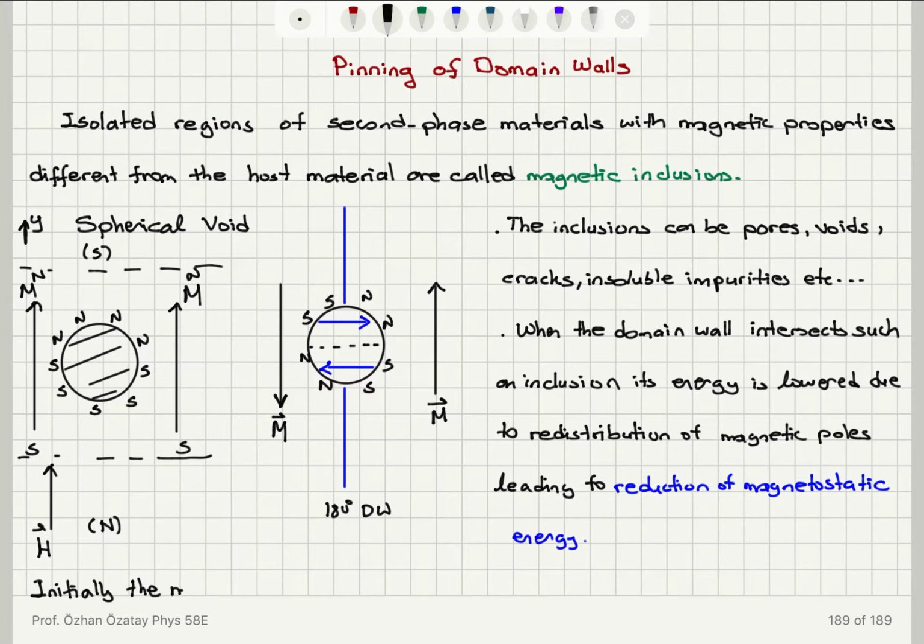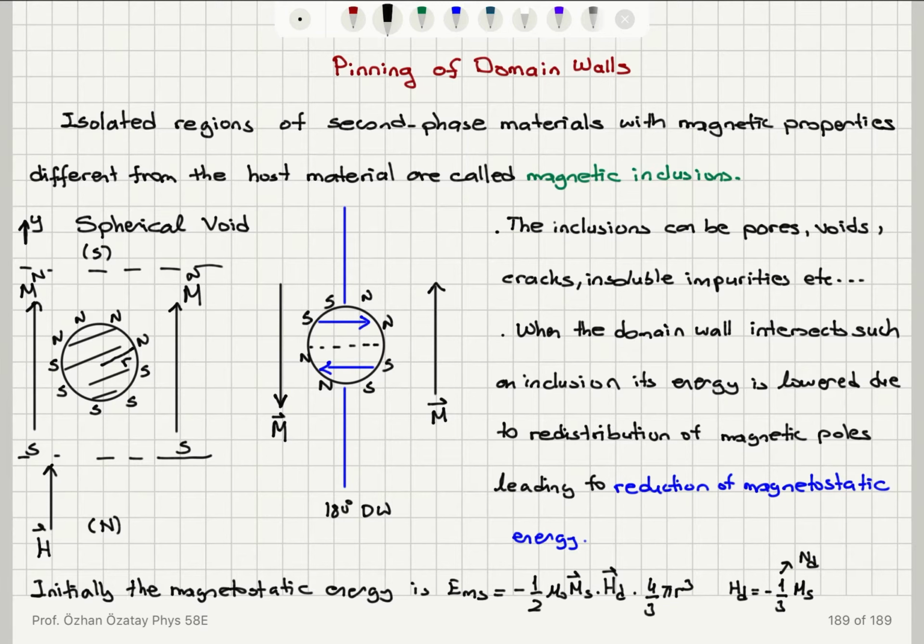So initially I have the magnetostatic energy. The magnetostatic energy is E_M = minus 1 over 2 mu 0 times the saturation magnetization dot product with the demagnetizing field, multiplied by the volume 4/3 pi r cubed if I have a radius r for this sphere. And the demagnetizing field is N_d M_s, so it is minus 1 over 3 M_s.